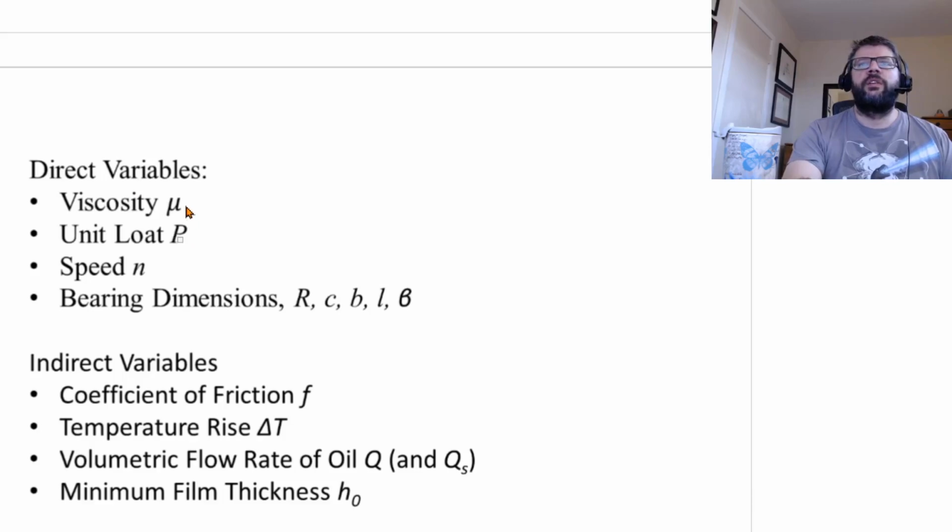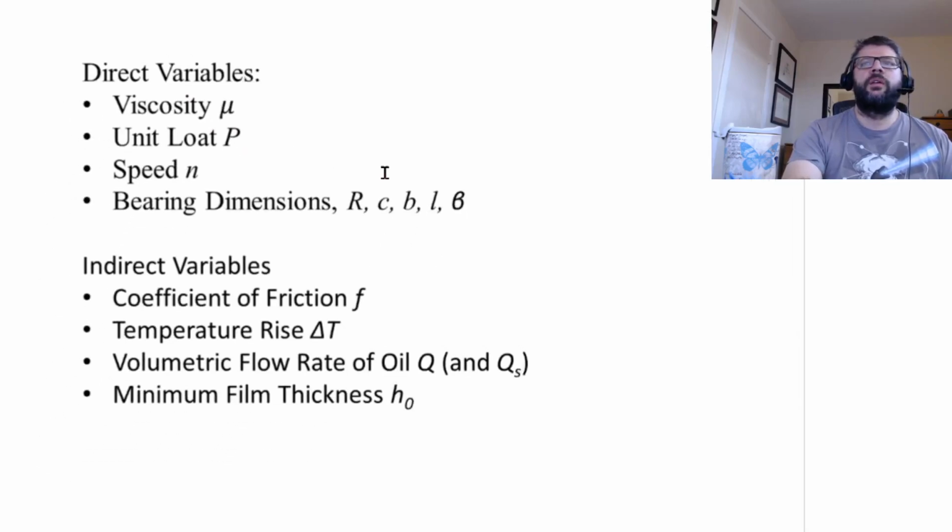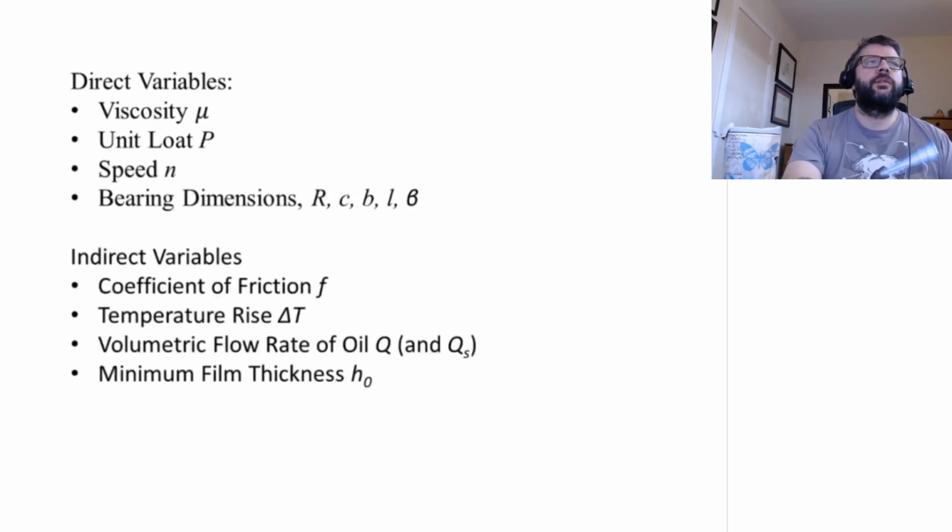So just in general, when we're talking about what's going on here, we'll have a few direct variables. Unit load is the most obvious one, and speed. Viscosity. Viscosity is a direct variable and an indirect variable because it depends a lot upon temperature rise, but we can target it by changing what oil we use.